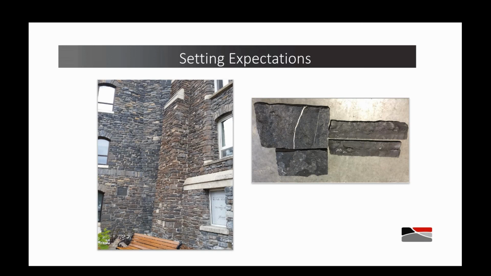I don't know if you can see it on your screens, but there's a buttress there where it's clearly more brown than black, and there's nothing wrong with that. It's one of the characteristics of that particular stone. However, had you as the architects or the client been shown the sample on the right and then seen the brown on the building, I imagine that would have come as quite a shock to you.